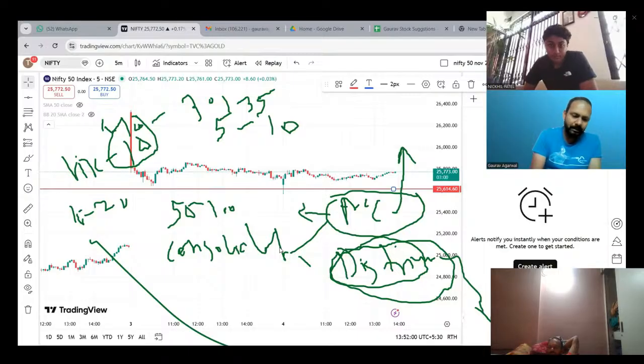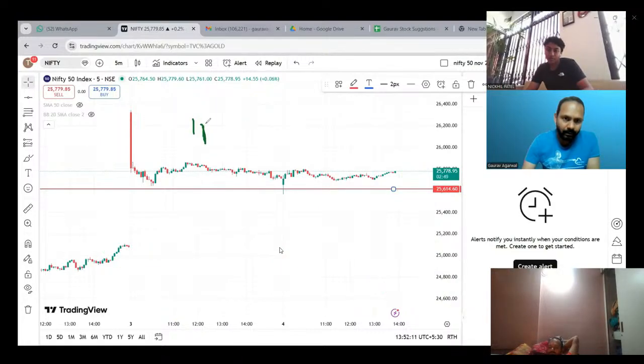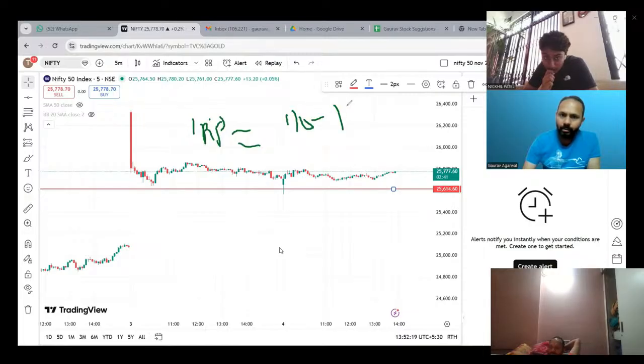Pip is basically for the standard pairs. I will explain. What is 1 pip? 1 pip is like from 110 to 110.01. This is called a pip.